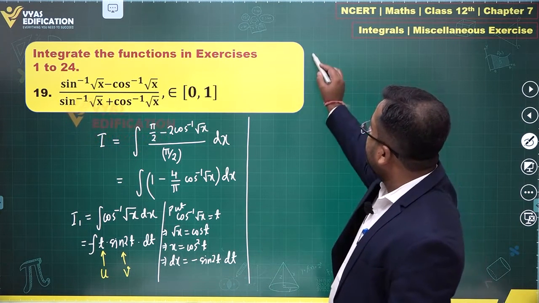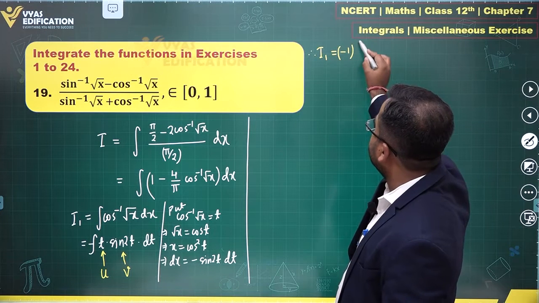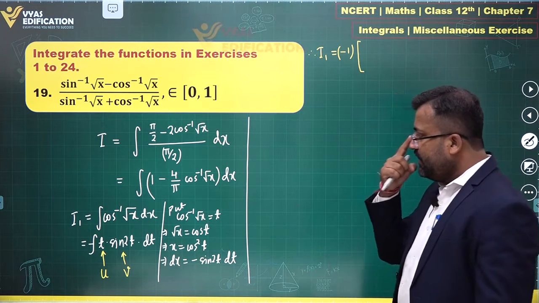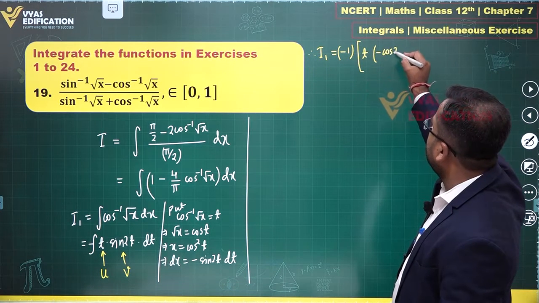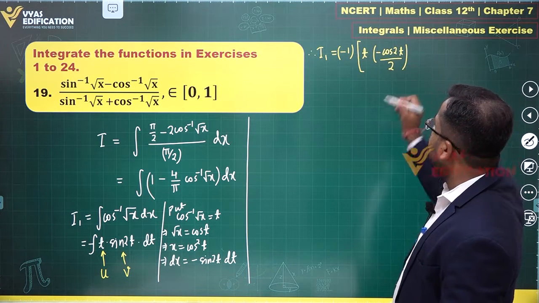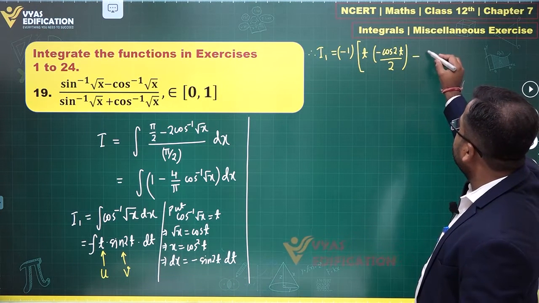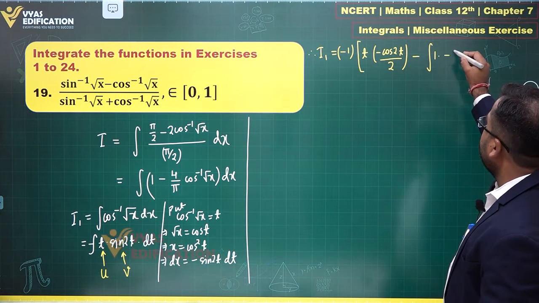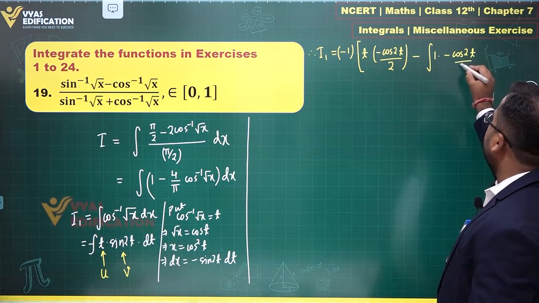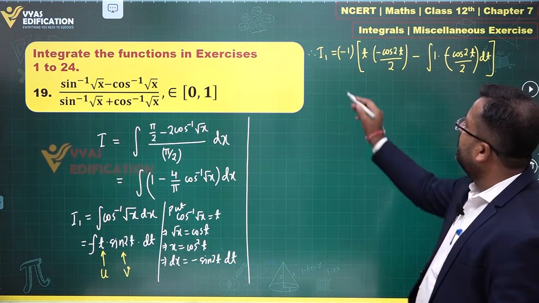So therefore I1 will be equal to minus 1, which comes out common. In the bracket you will have the first function times the integral of the second function, minus cos 2t upon 2, minus the integral of the derivative of t, which is 1, times the integral of the second function, minus cos 2t upon 2, dt, in the square bracket.